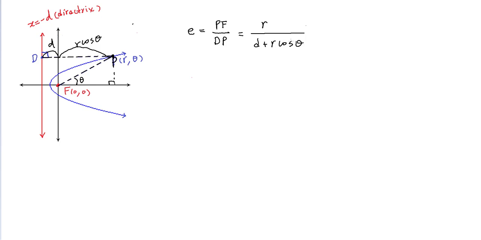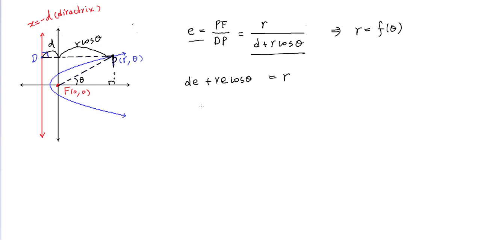When it comes to a polar equation, you must have r as a function of theta. So I'm going to solve the equation e equals r over d plus r cosine theta for r. I multiply both sides by the denominator, so d times e plus r times e cosine theta equals r.